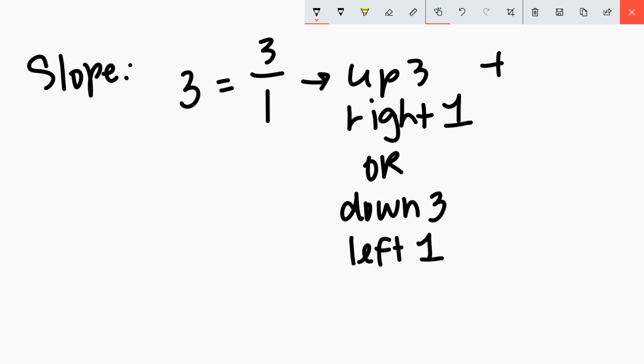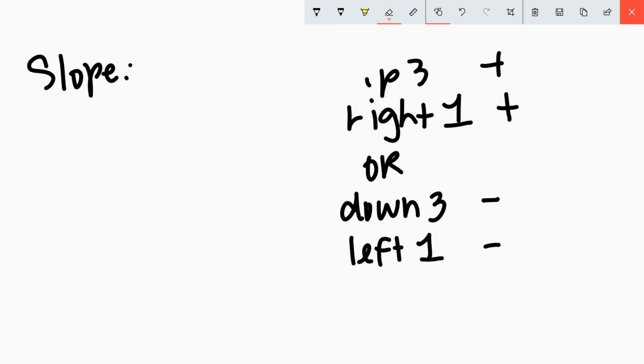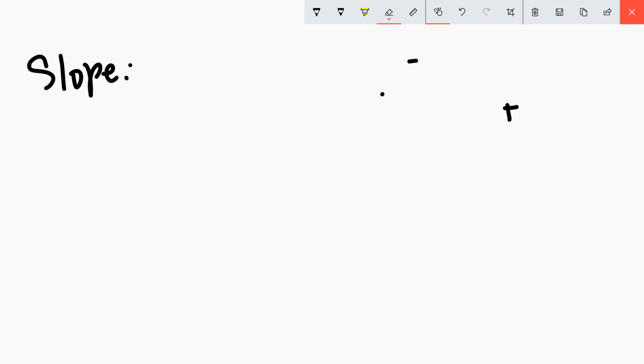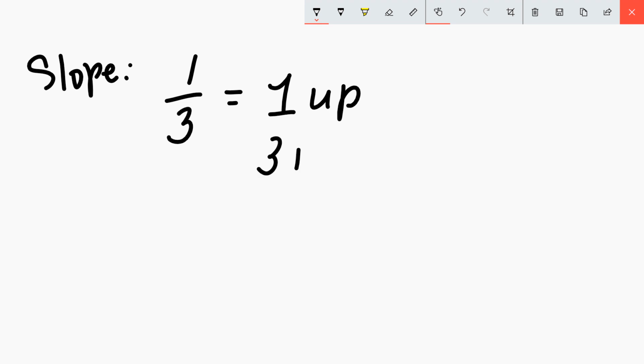Okay? 2 positives make a positive, but also 2 negatives make a positive. Okay? So if you try and graph that out, you'll notice that it goes in the same direction and follows the same line as long as you're doing both of the same thing. If I had a fraction slope to begin with, it's already in my rise over run format, so we already see 1 up and 3 right.